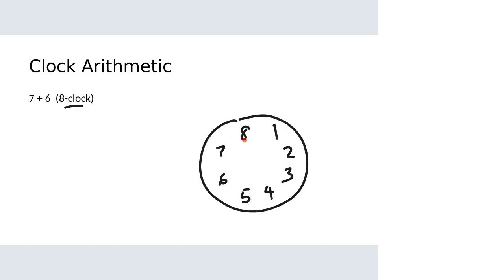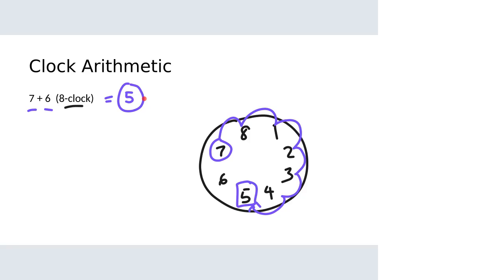There's my 8 clock. And if I want to do 7 plus 6 on this 8 clock, I'm going to start here at 7, and I'm going to go forward 6 from there. 1, 2, 3, 4, 5, 6. And I end up at 5. So 7 plus 6 on an 8 clock is 5.